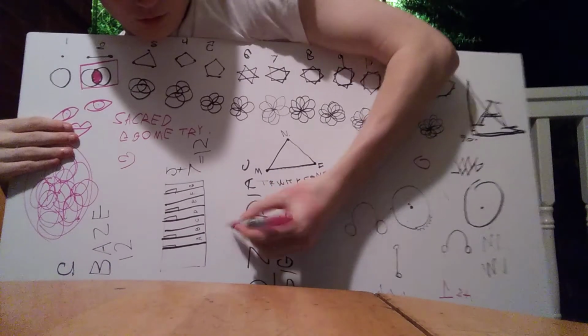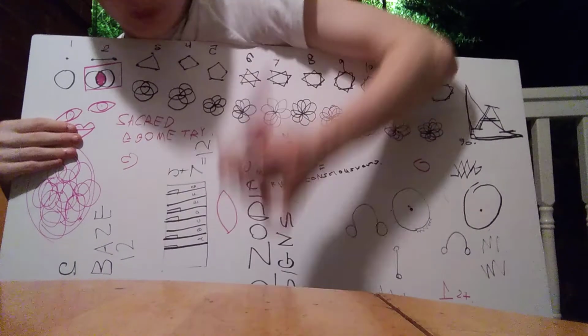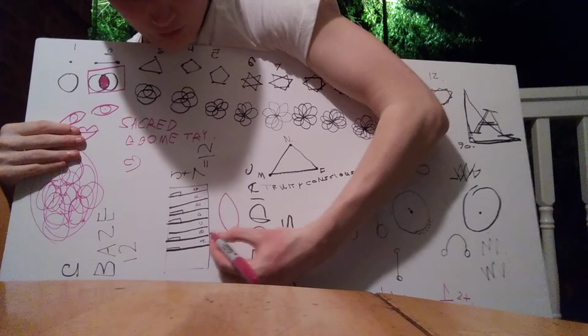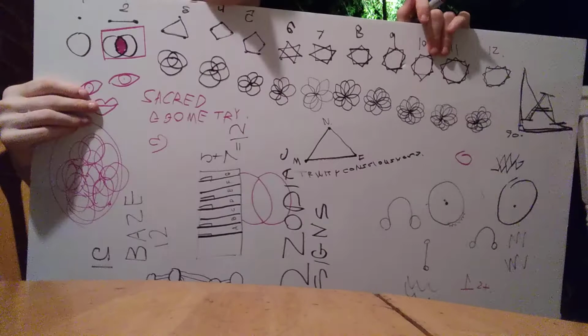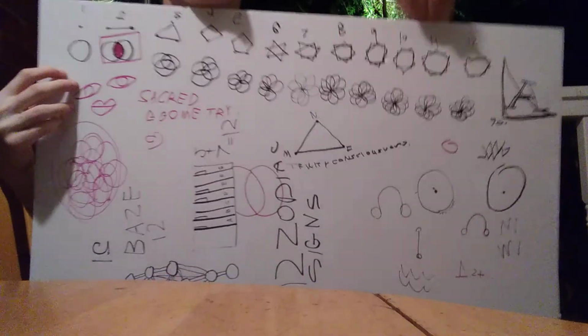Because look, the Vesica Pisces is a geometrical figure, and it looks like this, because its base is to interlace circles. See? If you interlace circles, mouth. So look, boom, interlace circles.